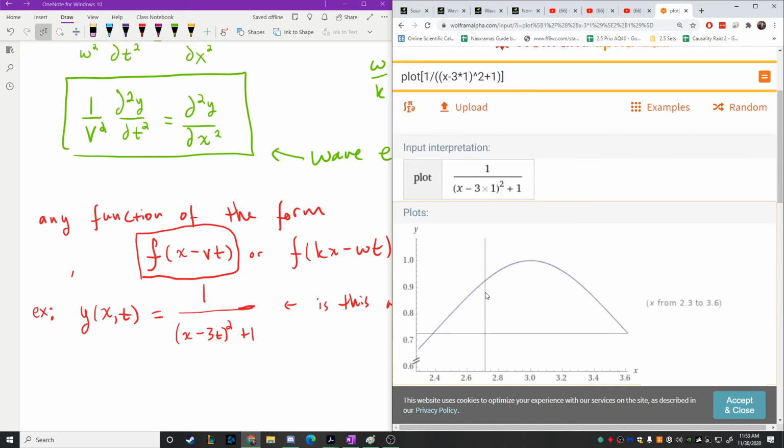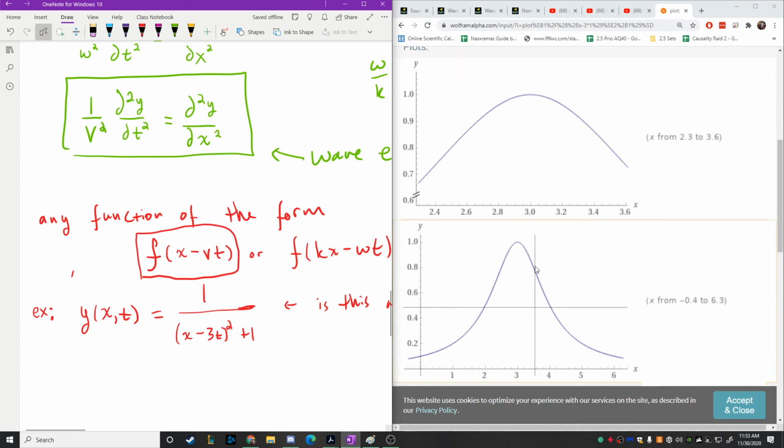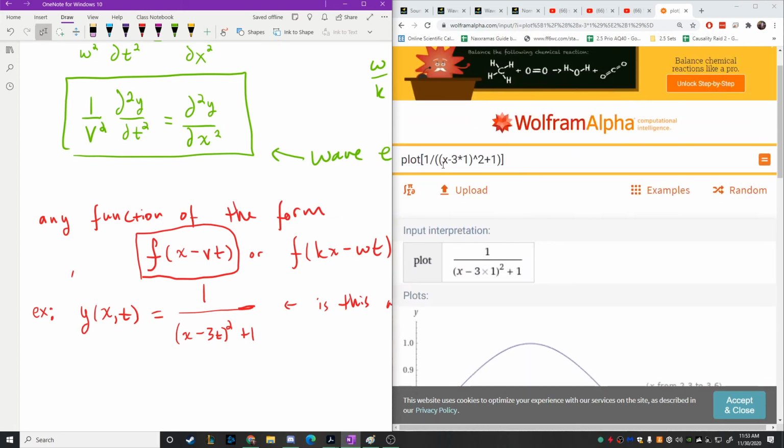All right, so now what if we want to understand what it means for the time to change? How do we make this wave travel? Well, it's easy. All we have to do is to take our function and then just increment the time. So we'll plot this same function 3 times. Gotta close the parentheses here. And the only thing I'm going to change here is I'm going to change the time to 2 seconds. I'm going to change the time to 3 seconds.